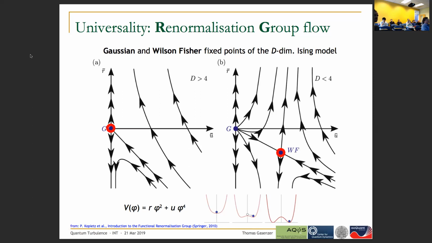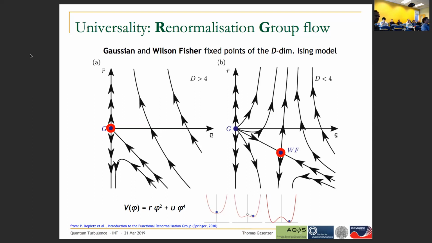Is that one way of interpreting this? No, I mean the flow already is far beyond tree level. So right. But then when you sit at some point there at some cutoff or energy scale, then the parameter values that you have at that particular point, is that the best tree-level approximation for that system? I mean, obviously, if you probe higher or lower scales, they run, but that's how you can see it.